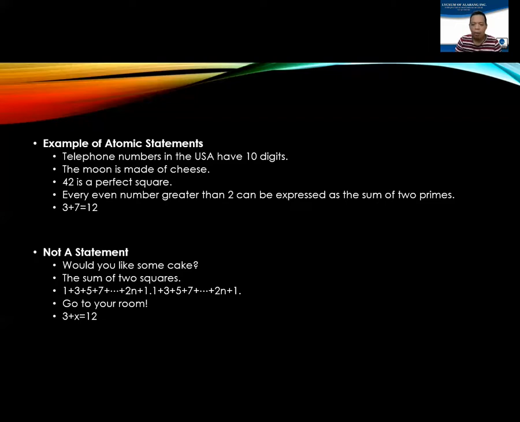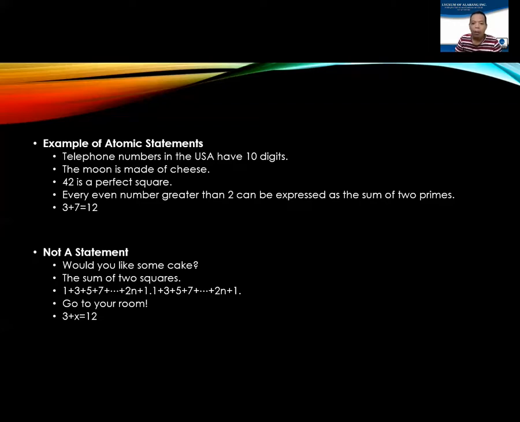So those are examples of perfect squares: 1, 4, 9, and 16. 42 here is not a perfect square, therefore the proposition is a false proposition.